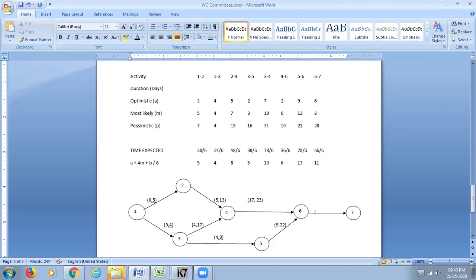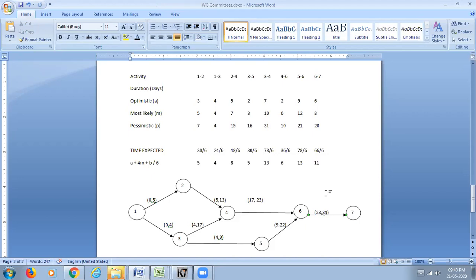Higher timing is 23. 23 plus 11 is 34. So the project completion time works out to 34 days for the entire project.